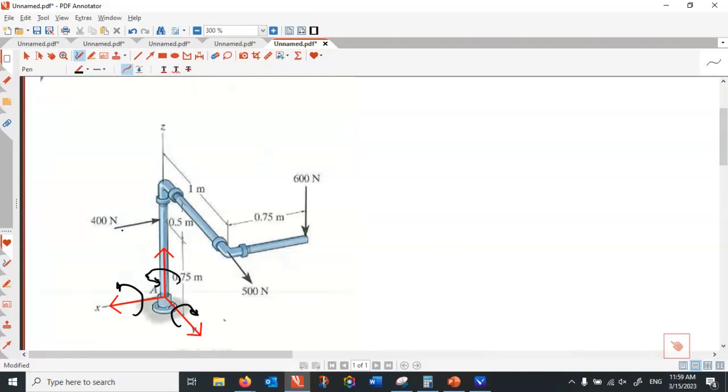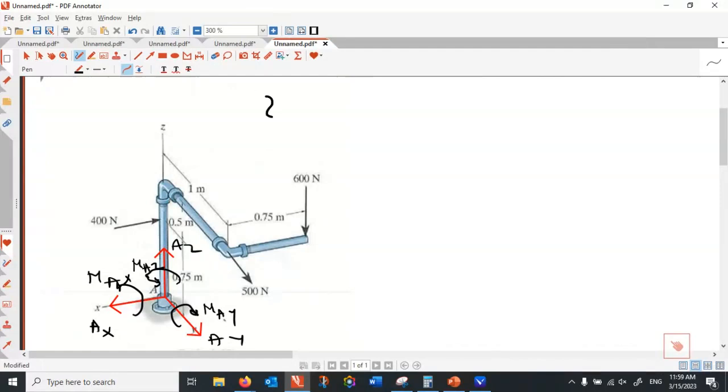And the forces are 3 external forces, 400, 500, 600, easy. So let's call this AX, AY, AZ, and call this one MAX, MAY, MAZ. That's all you have to do.